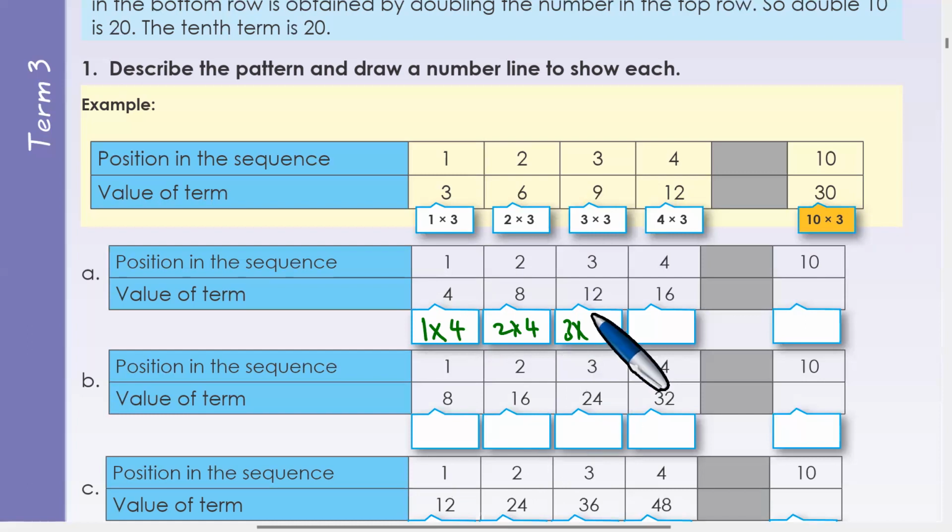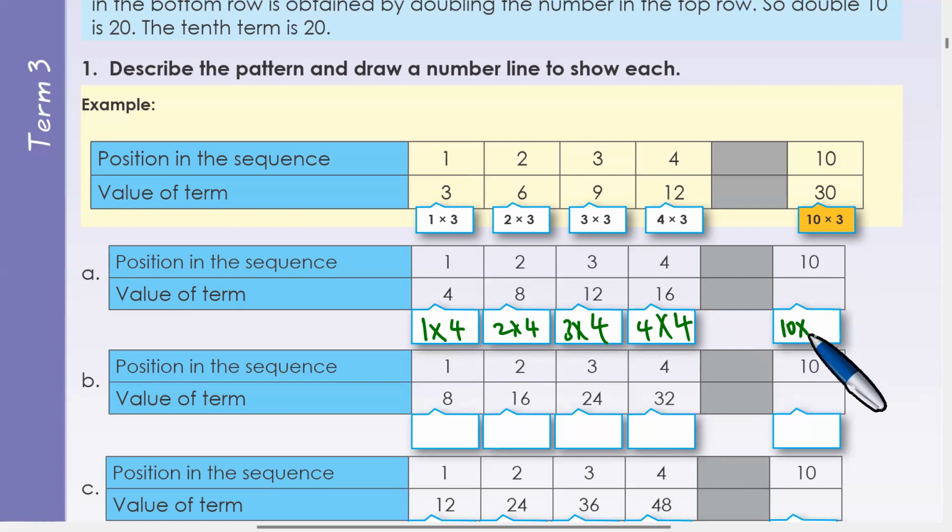Well done. Here the position is 4. It was multiplied by what? So 4. So you're just multiplying by 4 throughout. Okay, let's come here. Then what must be here and what must be there? Because this is position 10.